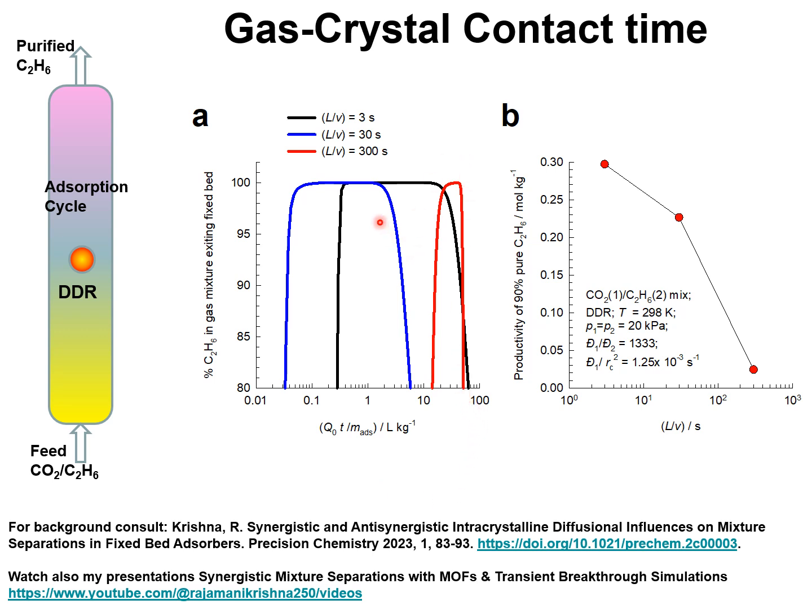The red curve is for contact time of 300 seconds. The blue curve is for a contact time of 30 seconds. And the black curve is for a contact time of 3 seconds.